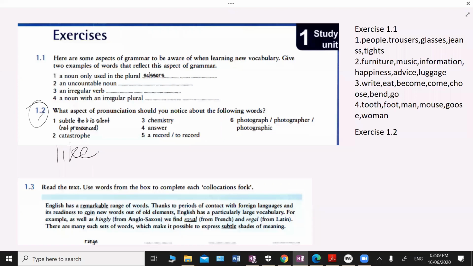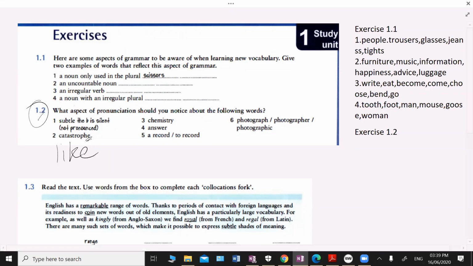In catastrophe, there is a stress on E, but in like, there is no stress on E. So that is the difference here, this last letter E, which has a stress.